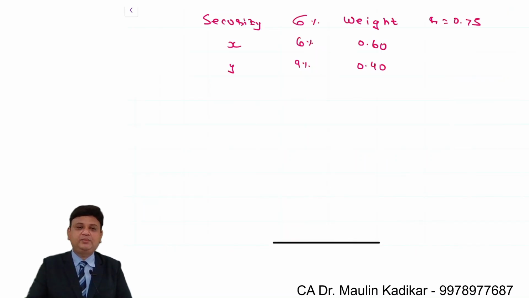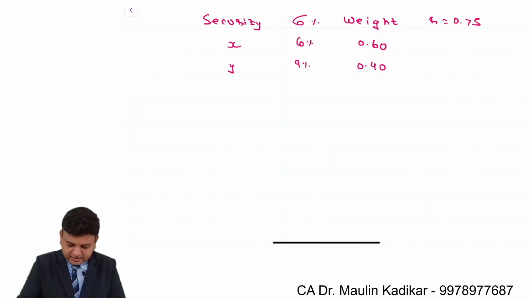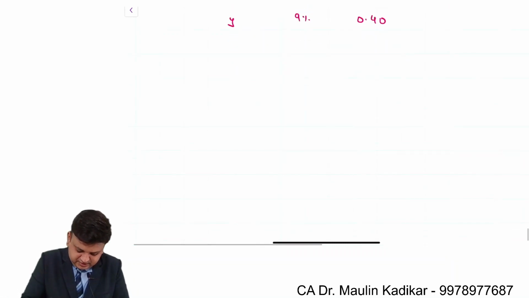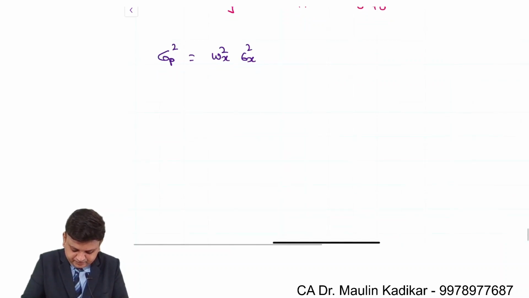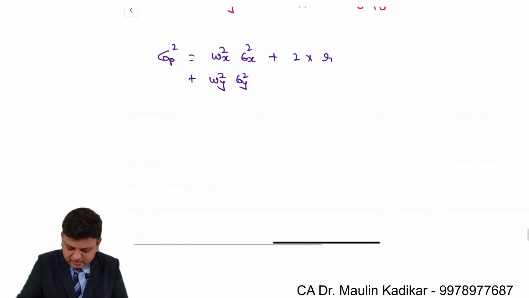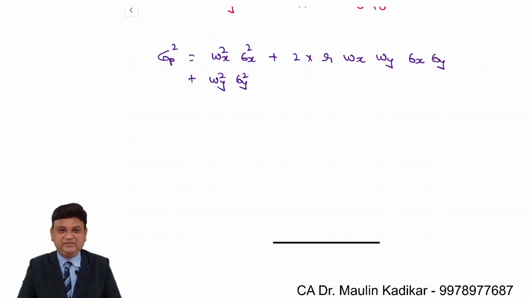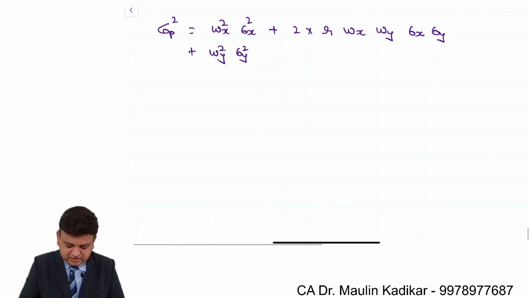Now friends, in order to compute the standard deviation of the portfolio, first of all we are required to compute the variance of the portfolio. So write down the answer along with me. Sigma p square is equal to Wx square sigma x square plus Wy square sigma y square plus 2 into R Wx Wy sigma x sigma y. That is the way the variance of the portfolio can be calculated.